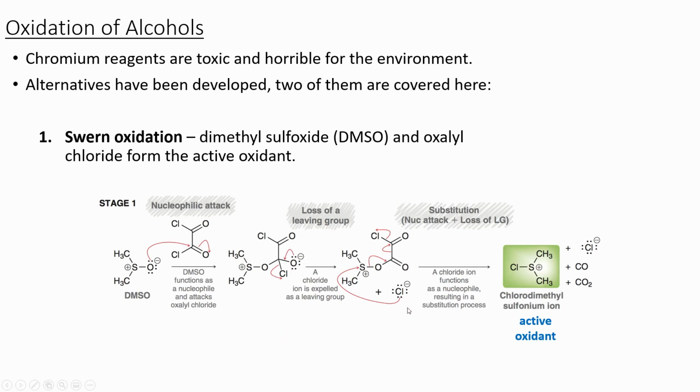At this point, we get an 8 electron shift or rearrangement that will result in the formation of the chlorodimethylsulfonium ion. And this also liberates a molecule of CO2, a molecule of carbon monoxide, and a chloride ion.